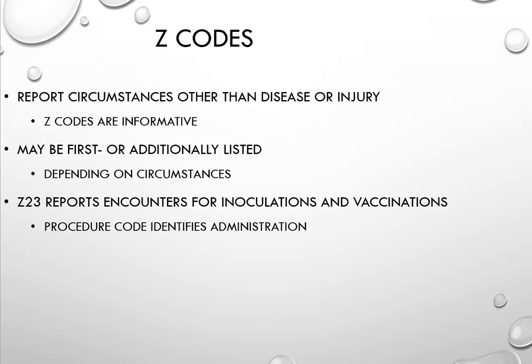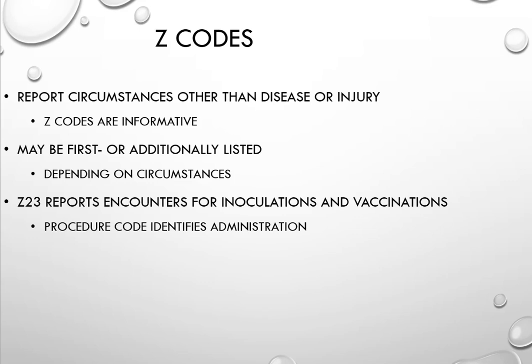For example, the patient may have a history of cancer, but the cancer has been surgically removed. As another example, maybe a patient lives in a difficult circumstance at his home, and these circumstances are affecting the patient's health or are affecting the physician's ability to treat the patient's condition.